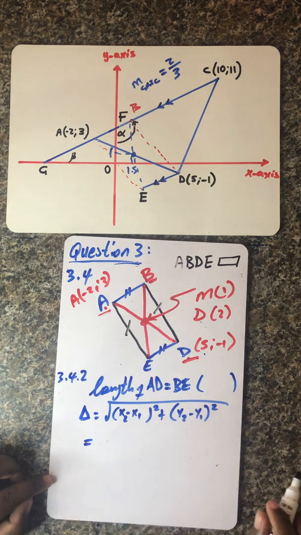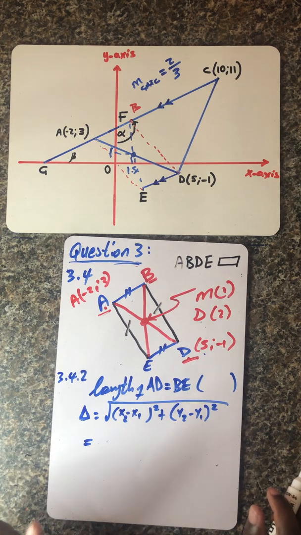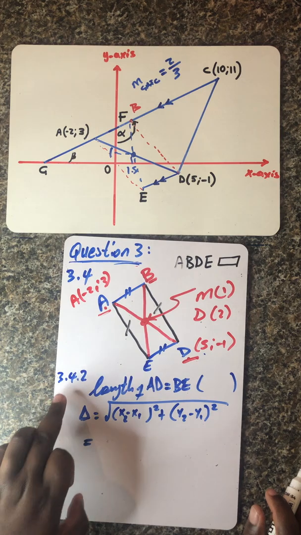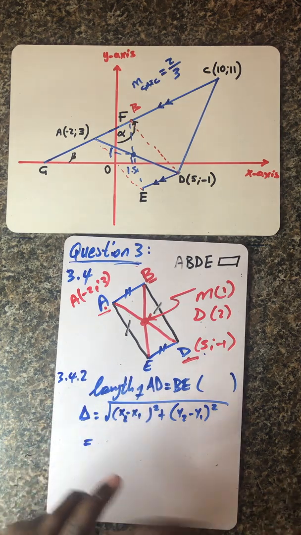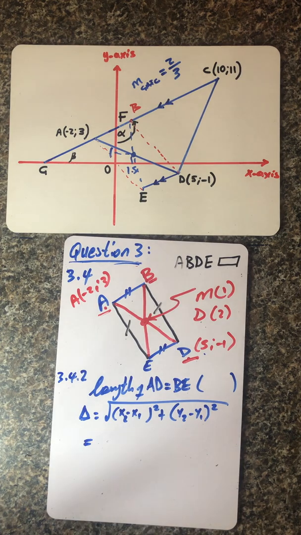What matters the most is for you to substitute correctly. Ladies and gentlemen, I think we haven't marked that question 3.4.1. Let me give you a hint, because I just remembered that we haven't marked it.